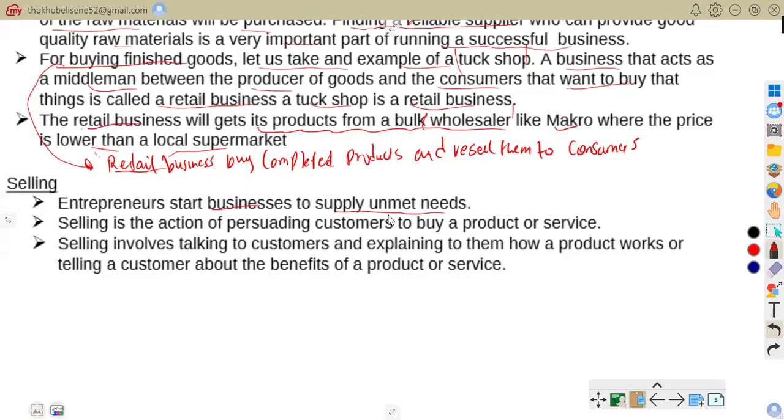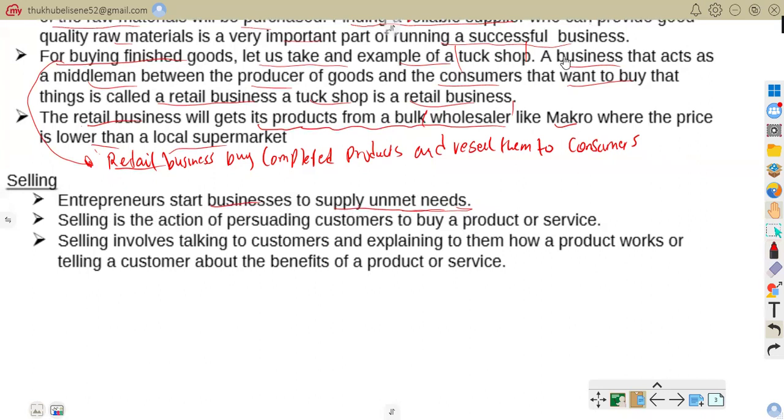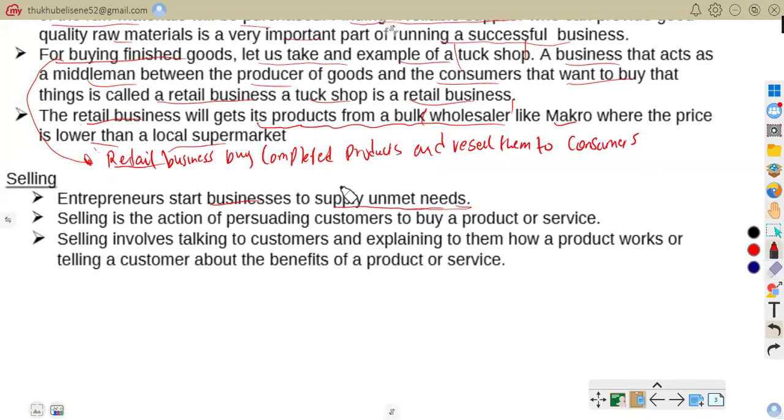So entrepreneurs start business to make sure that they respond to the needs of the customers and satisfy the needs of the customers. They are trying to bridge the gap. That's the reason behind why they start the business. They want to supply those unmet needs.